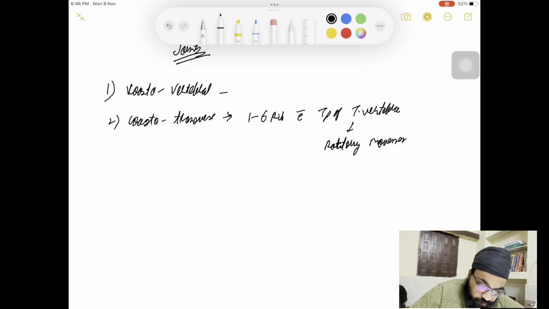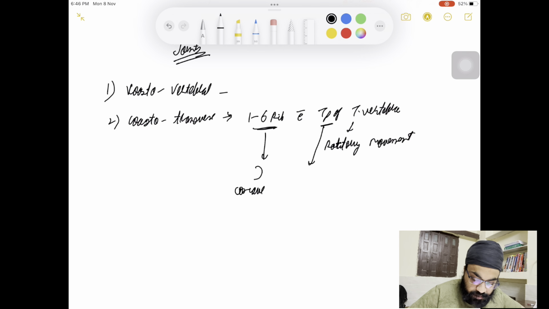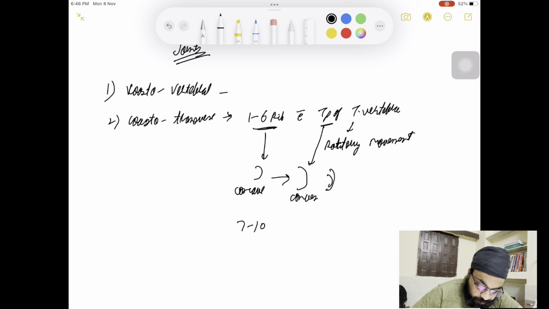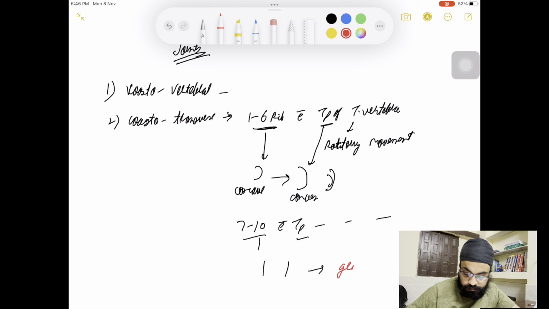Why? Because the articulating aspect of these ribs is concave, whereas the articulating aspect of the transverse process of the thoracic vertebra is convex. So they fit into each other like this. Whereas if I talk about ribs 7 to 10 with the transverse process of the thoracic vertebra, again the same story. Over here both of them are flat, so they provide gliding movement.